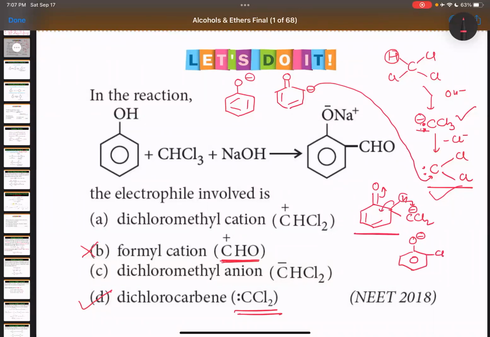So all this is also an intermediate. There are a lot of intermediates. This is CHCl2. And finally, the OH minus hydrolyzes this, both Cl are removed, and finally it changes to CHO. There will be 2 OH groups on this, so 2 OH groups will get removed and you will end up with CHO.